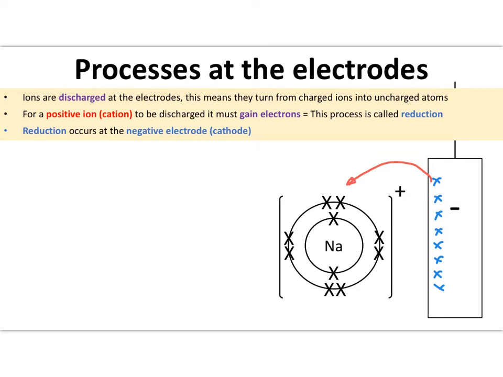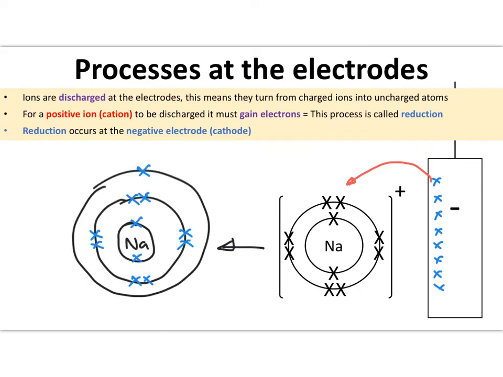So then what we get as the product there is elemental sodium. So to confirm, when ions are discharged at the electrodes, they become the uncharged atom of that element.